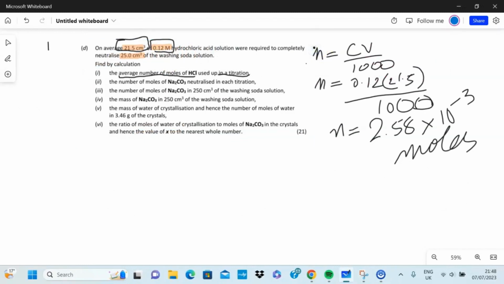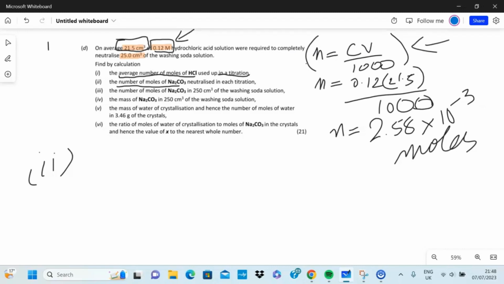Alright, that was very straightforward. Those are the easy marks. Now, question 2 asks for the number of moles of Na2CO3 neutralized in each titration. You might be thinking, why did I use this instead of, let's say, V1M1 over n1 equals V2M2 over n2? Because when I'm reading this question, I'm scanning through for information. For hydrochloric acid, I am given this, and I know that is concentration. That has already given me a hint that I can use this instead of V1M1 over n1.